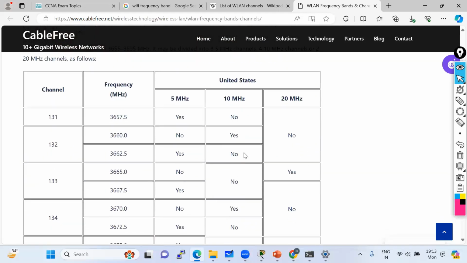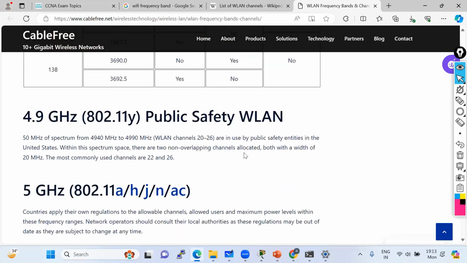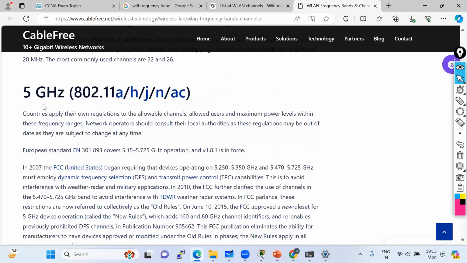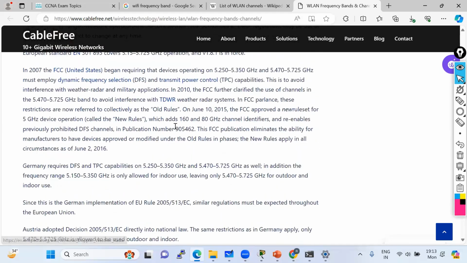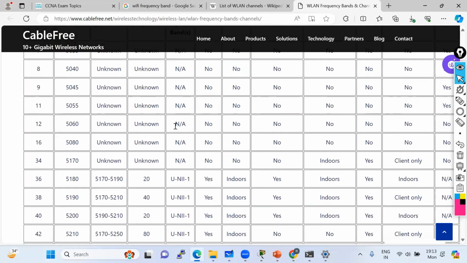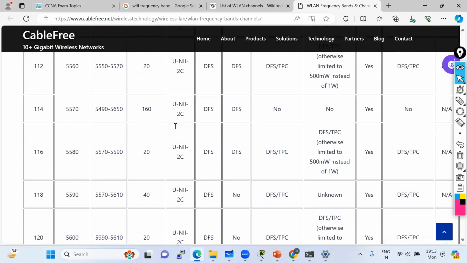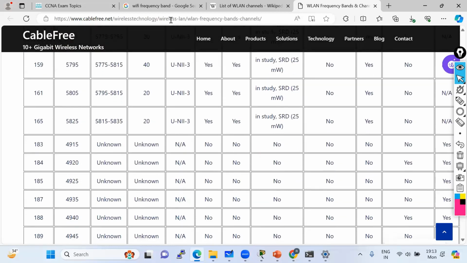Okay, so these are the things you can see: 802.11a, b, g, n, and ac. These are the different standards we have. So probably we have some table somewhere.